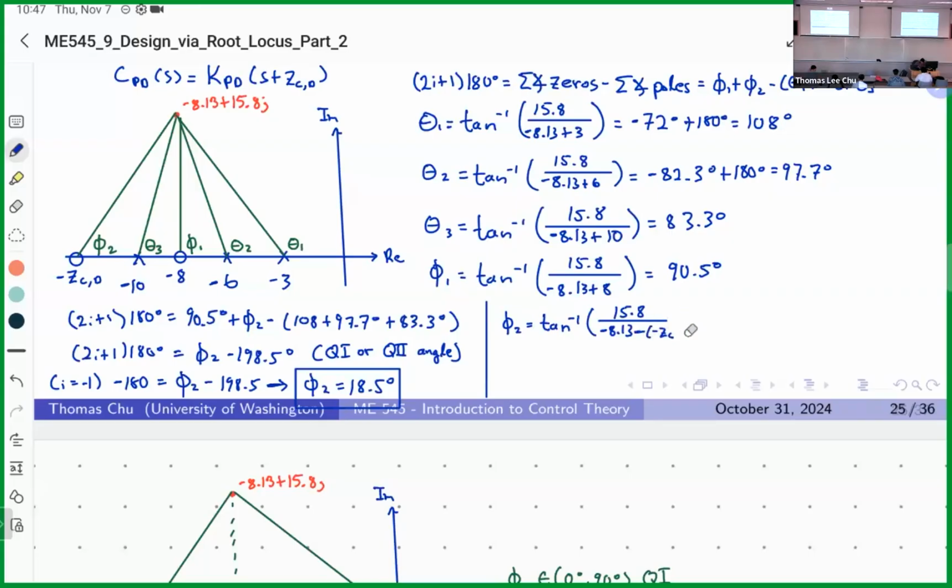That's how I write it. So now we know what phi2 is, but we don't know what ZC is. We rewrite it as tan of phi2 is equal to 15.8 divided by negative 8.13 plus ZC. And when I solve for ZC, I get 55.4.